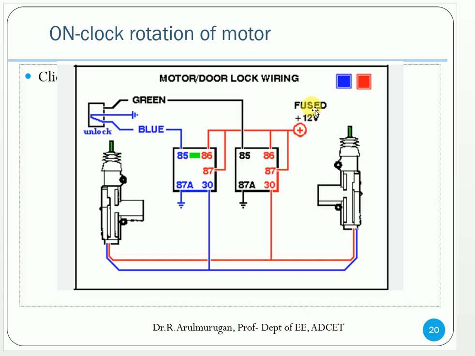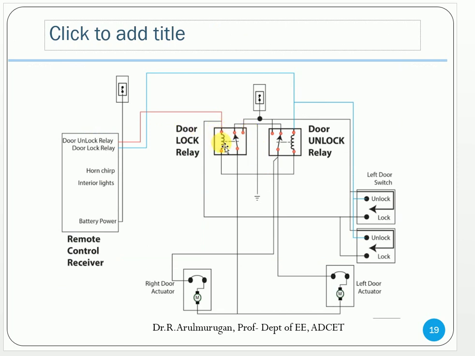This relay is energized. It needs a 12 volt power supply. We give power to energize the relay, because the relay has a coil, and the coil needs a power supply. It will energize. When it energizes, it moves the switch from normally open to normally close. This is the on condition. What about the off condition?